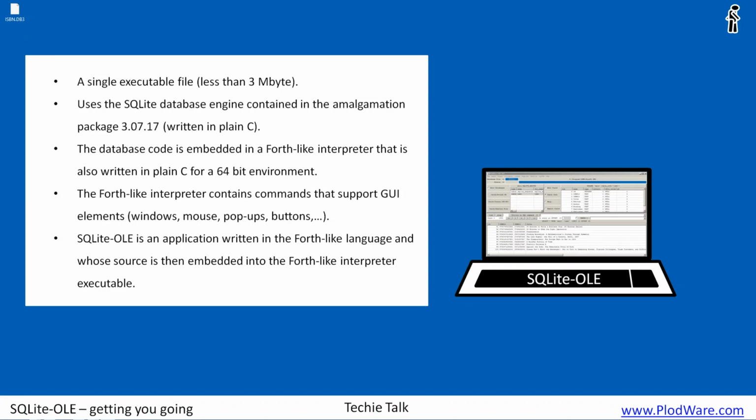Then I encode it, and then I embed this compacted encoded text into the actual Forth-like executable. So when you run SQLite-OLE, it's totally interpretive. It's interpreted into the Forth-like language, and then it's interpreted down to the Forth-like underlying virtual machine. Well, that's the techie talk.